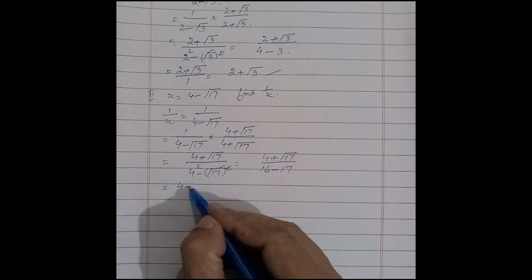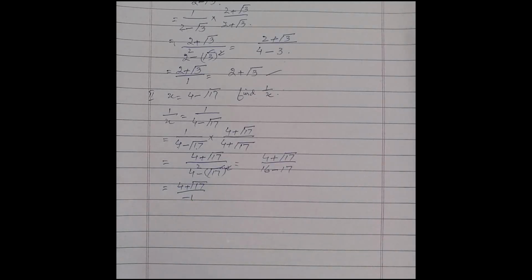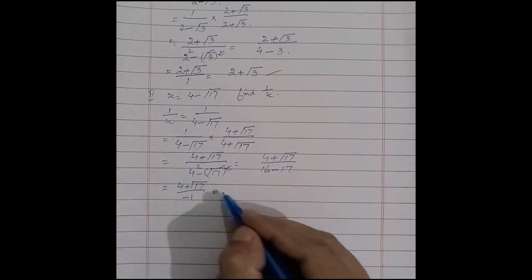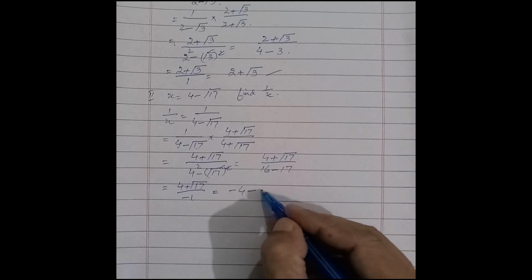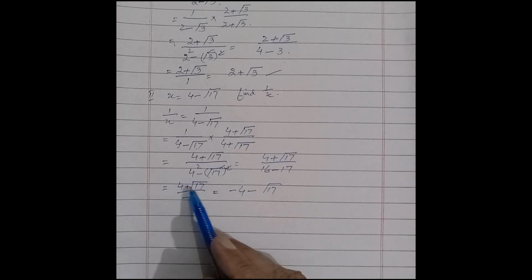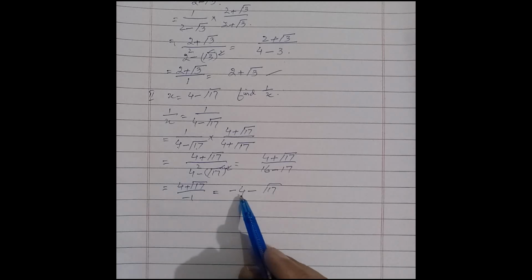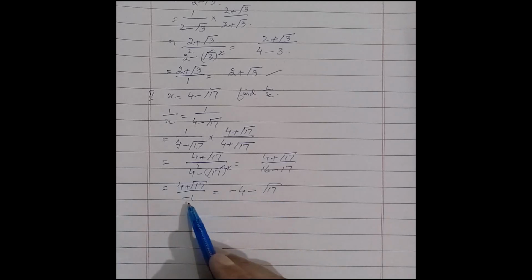And the answer is 4 plus square root 17 over minus 1. And we also write it as minus 4 minus square root 17, because minus 1 is multiplying with the denominator and the numerator. With the numerator we get minus 4 minus square root 17, and when minus 1 multiplies with minus 1 we get plus 1. So it is the value of 1 over x.